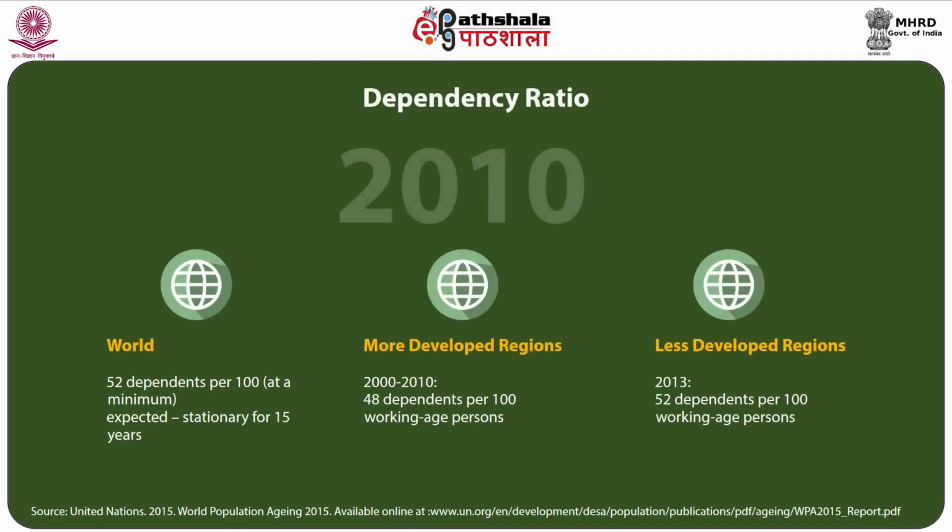The situation changed during the period of 2010, where it came down to 52 dependents in the world, and in the more developed regions, it is as low as 48 dependents, whereas in the case of less developed regions, it was 52 dependents per 100 working age persons.